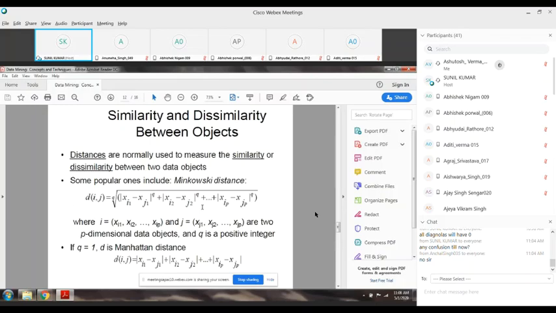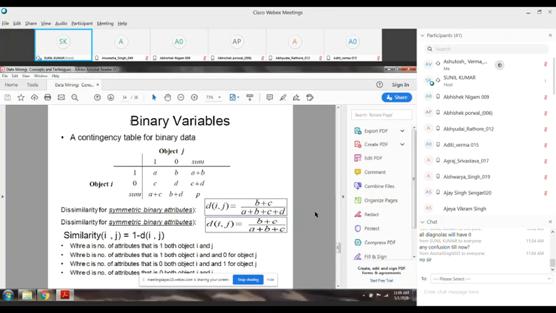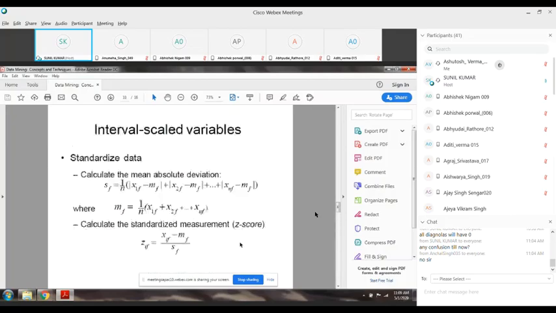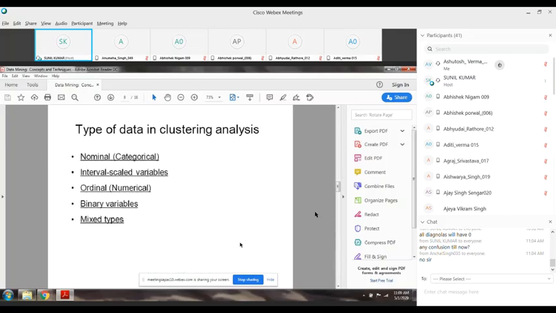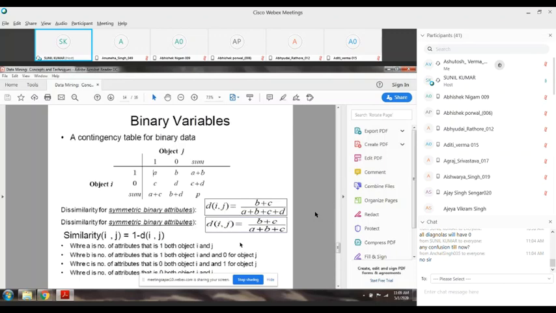These are the equations, how to find the similarity and dissimilarity, and this numerical problem I will discuss in the next class. I have just stopped here because I want to make you clear about this type of data in cluster analysis first, and when it is completed, then how you are going to check for this binary variable.